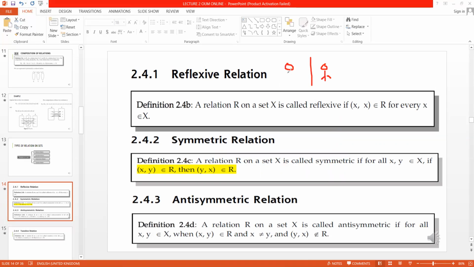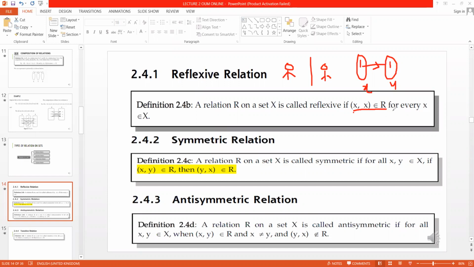So what we are saying is if a relation is like this, we move from 1, and then 1 maps back to 1 in Y. X is 1, and then it maps to 1. Then such a relation is a reflexive relation. And we write it as X belonging to the set R. So that is what we mean by reflexive relation.